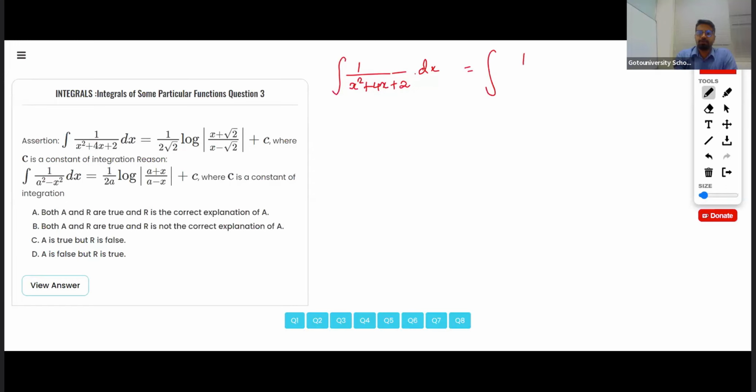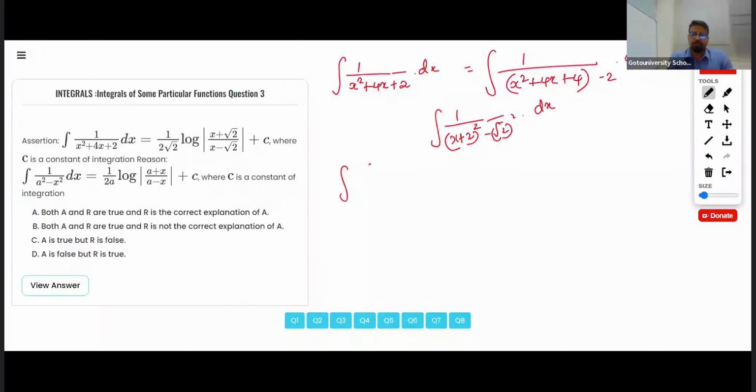Now what I'm going to do is first rewrite this as x square plus 4x plus 4, correct? Am I right? Yes, plus 4. There is 2, but I wrote plus 4. So what I should do, I added 2, I should subtract 2, into dx. Okay. Now what we can do is, we can write this as 1 by x plus 2 whole square minus root 2 whole square into dx.